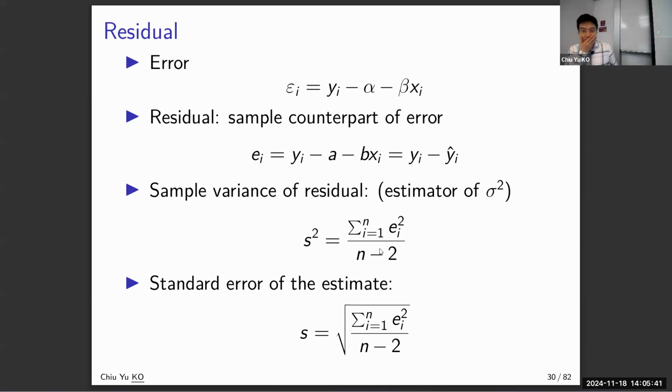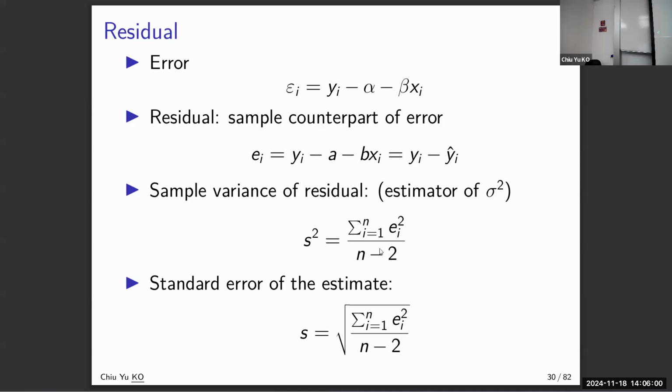Okay, but let's see. So this here is the model, right? The first line is the model. The model says Y is alpha plus beta xi plus epsilon, that's the error.